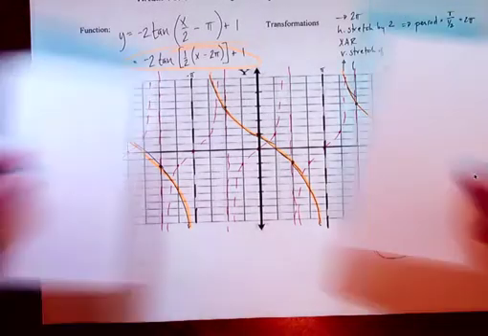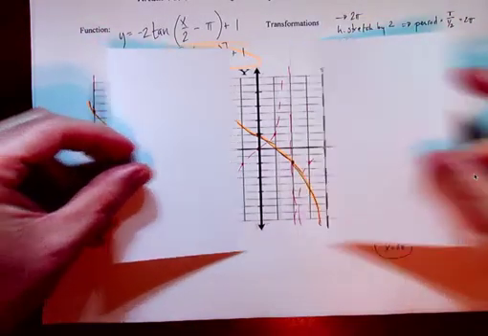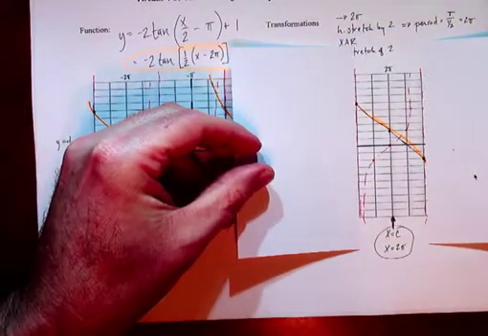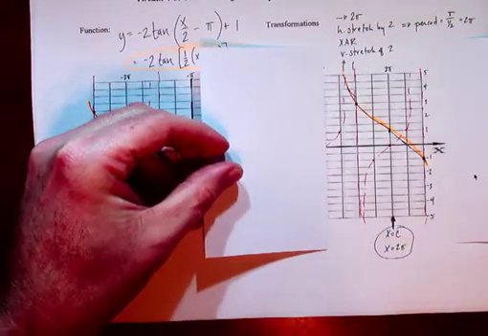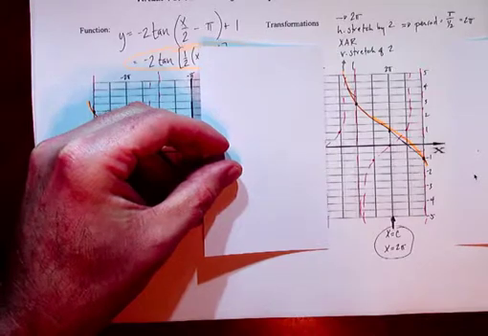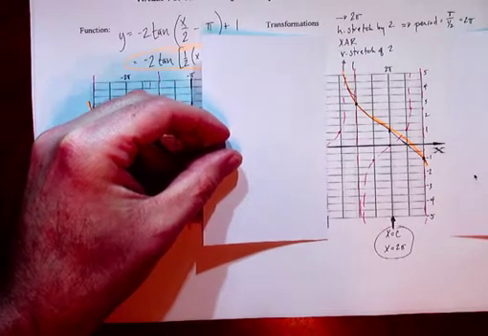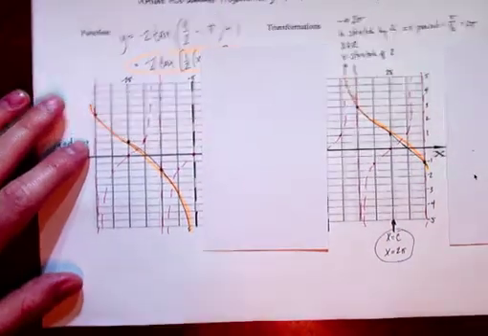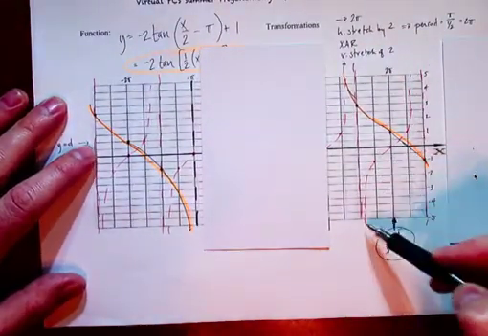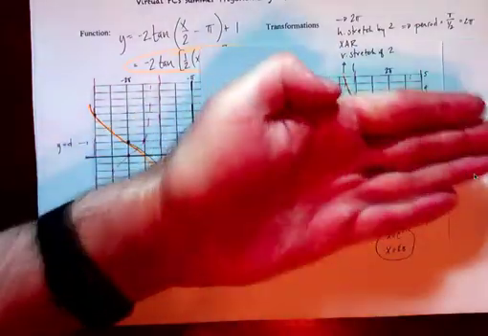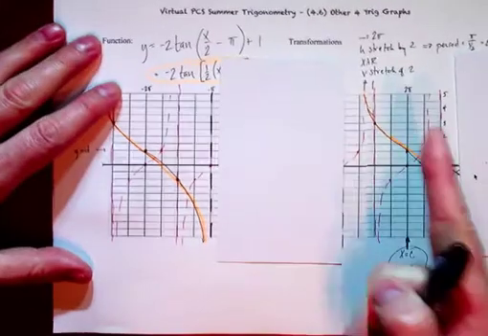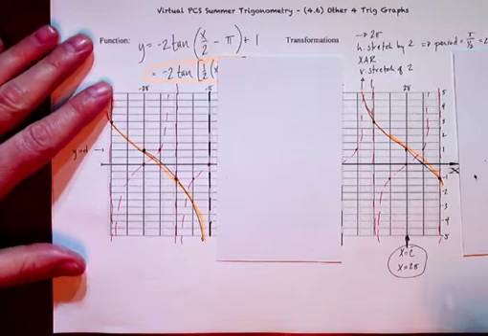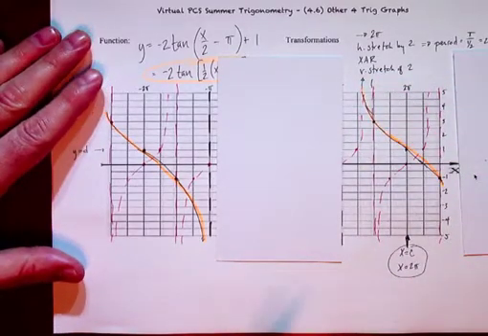So we're going to take this function, we're going to move it over 2 pi, we're going to stretch it, we're going to reflect it, vertically stretch it, and then move it up. Okay, so if you just kind of look at basically this red graph right here and imagine it flipping over, stretching and then moving up one, you're going to get this orange graph right here.